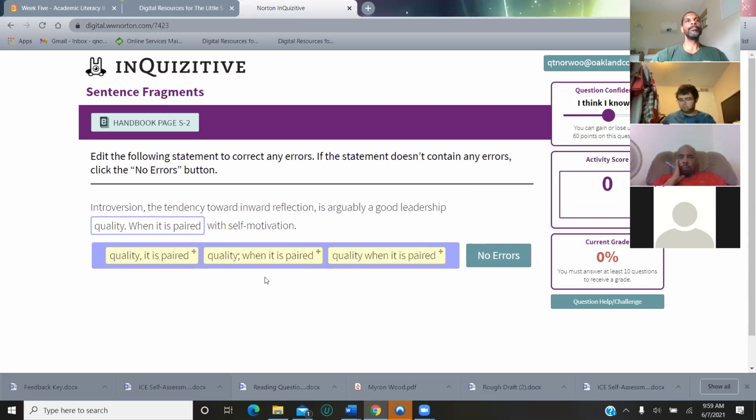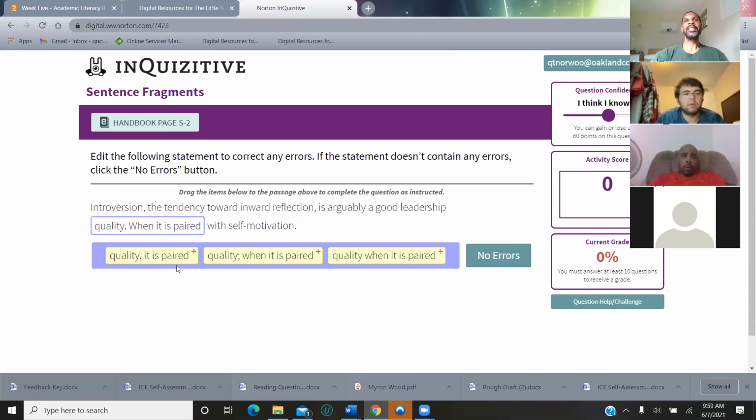Okay. Waiting on y'all, folks. We'll call this an A, B, C, and then no errors will be D. What do you think, folks? A, B, or C, or D? You can put it in the chat, or you can shout it out.